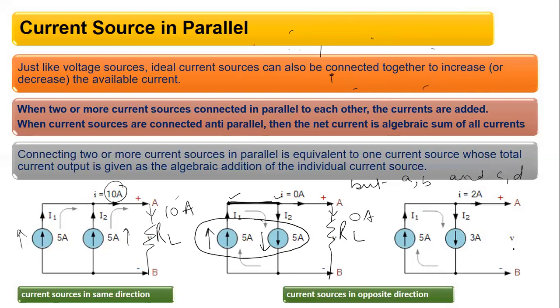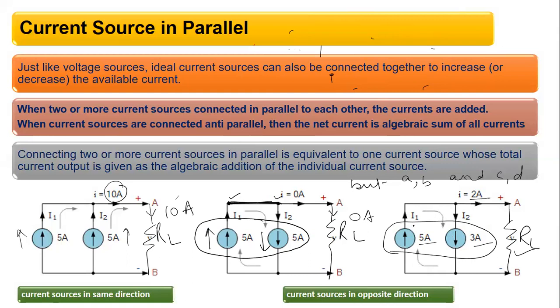Now let us take this example here. Here we have two sources which are in parallel, or you can say anti-parallel to one another, right? And one is a 5 ampere source, one is a 3 ampere source, right? So the net current that would flow in these terminals, let us say if a load is connected here, would be 2 ampere.